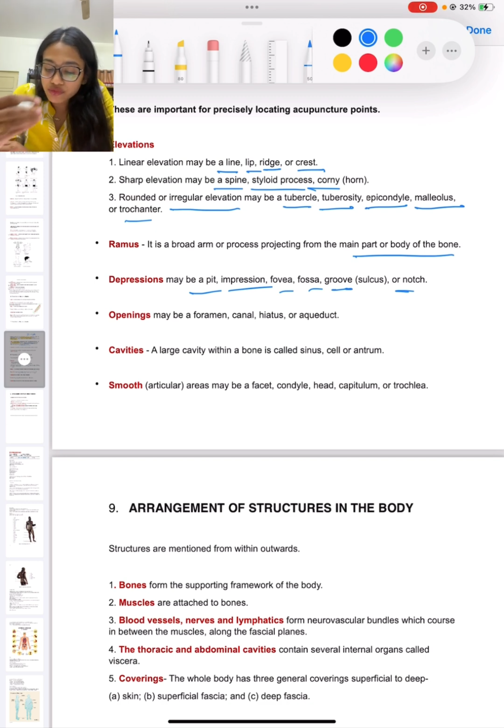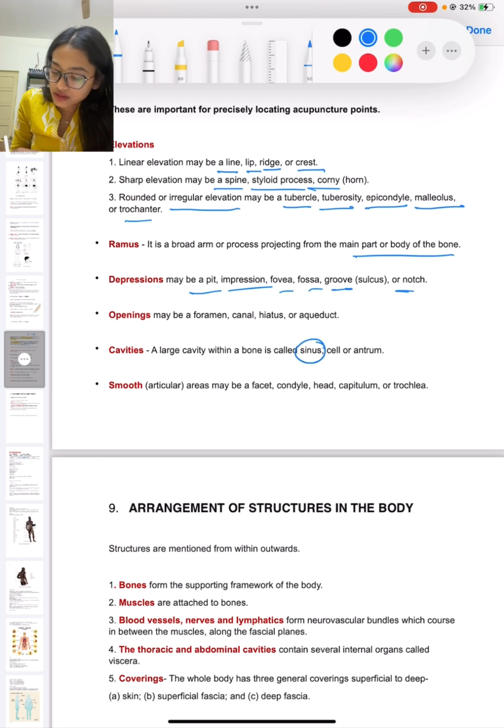Opening may be a foramen, canal, hiatus, or aqueduct. Okay. Now cavities. A large cavity within a bone is called sinus. Okay. Cell or antrum.